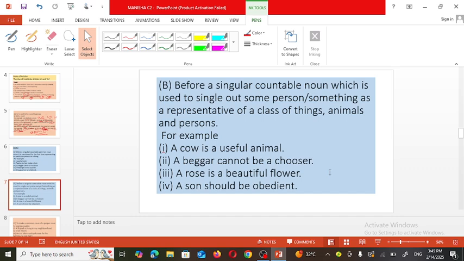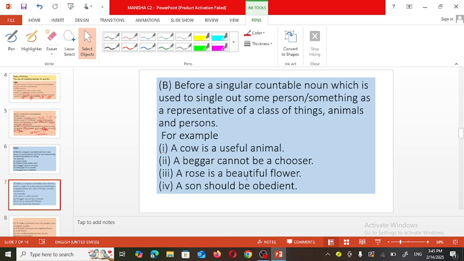A chooser is a person who is choosing something, or a beggar who is begging for something. Here, any person who is begging for something cannot be a chooser at any time. So a beggar or a chooser, these are indefinite persons and that's why article A is used before them.